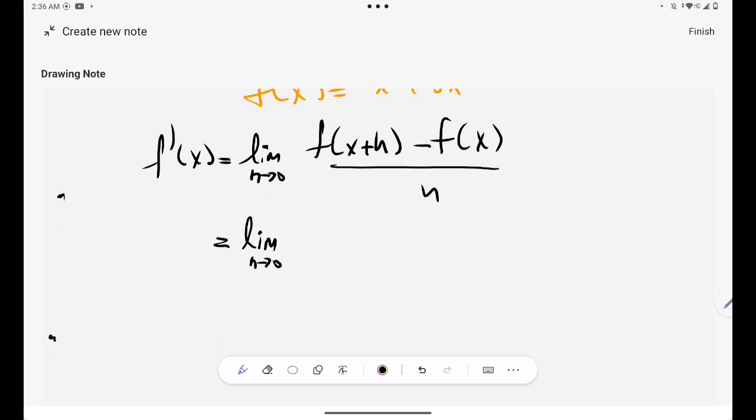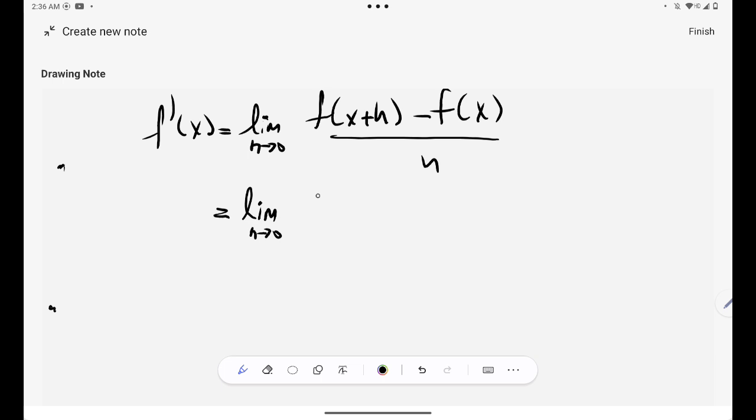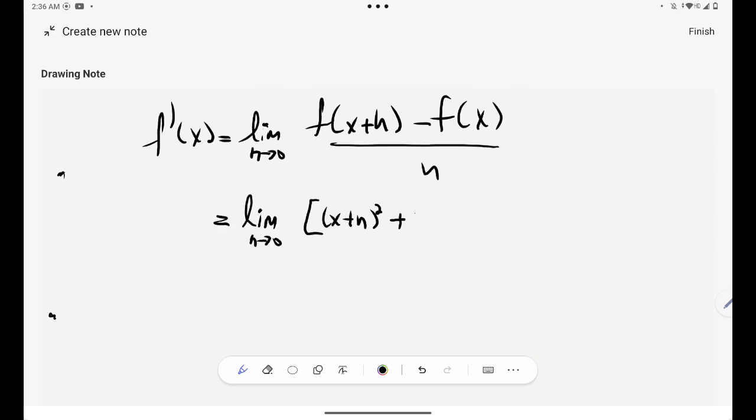Now together. Whenever I see x, I must put x plus h. So I will have x plus h all squared plus 3 multiplied by x plus h. And then I still need to subtract what? f of x. And f of x is x squared plus 3x.